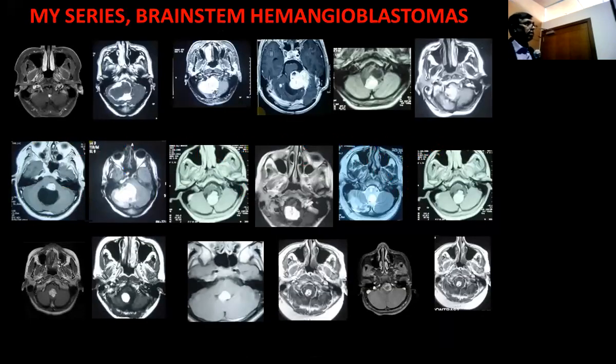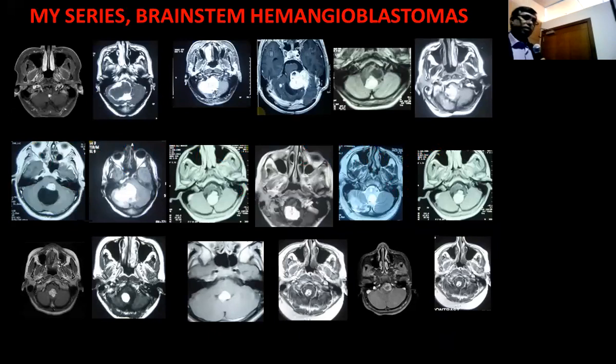Hemangioblastomas are common, again, a common lesion in the posterior fossa and the brainstem. And this is my series of hemangioblastomas. Some of them, not all of them, are from a big series of these hemangioblastomas. They can occur, of course, supratentorial or infratentorial. Commonly in the infratentorial, they come in the cerebellum, but they can also come in the brainstem.